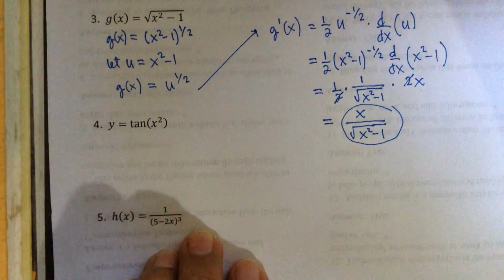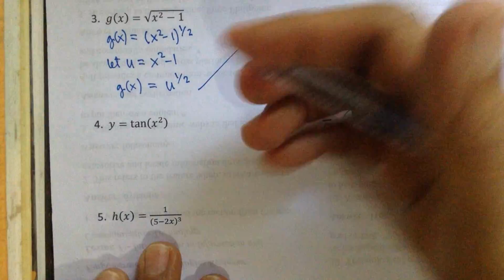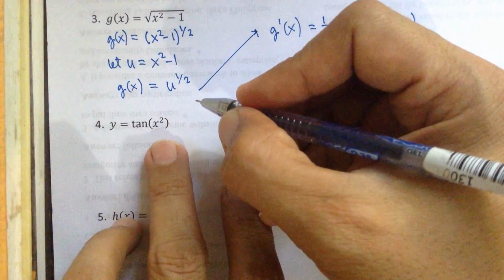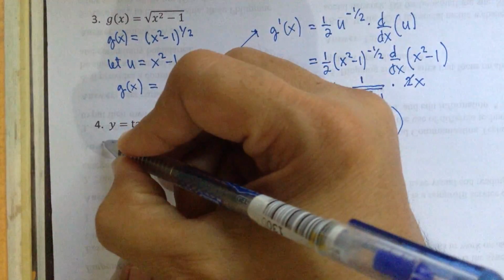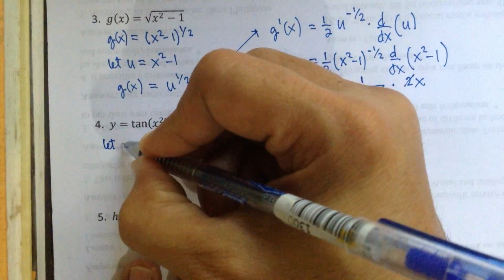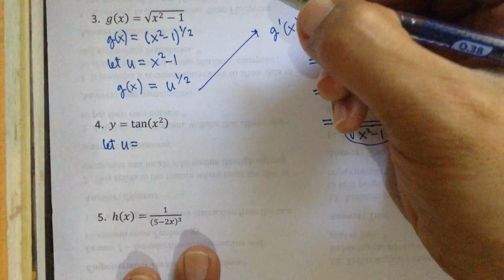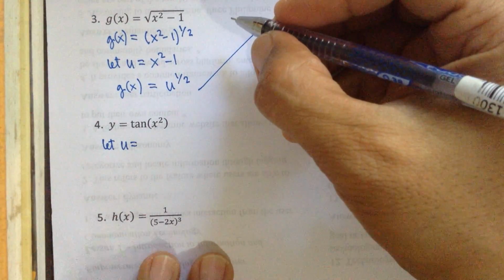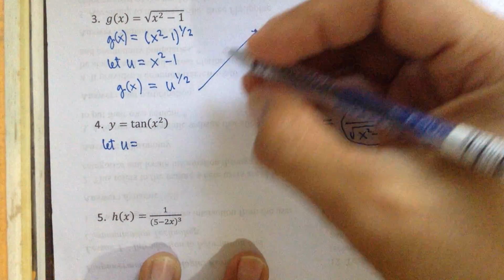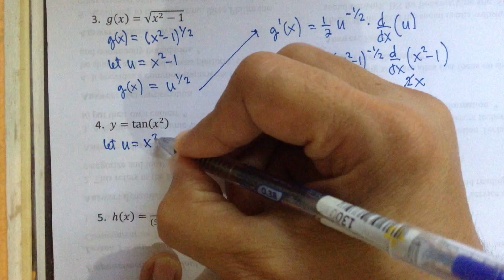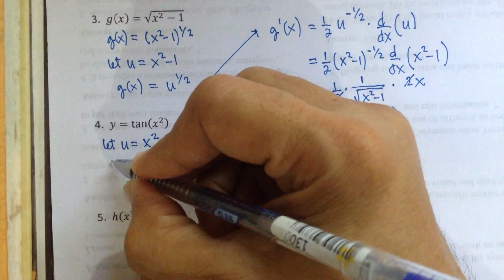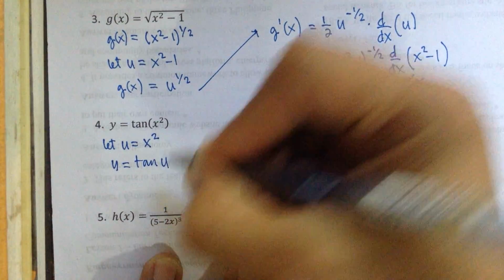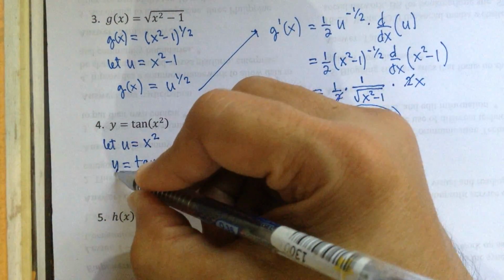Okay, let's proceed to our next example. This time we have the derivative of tangent x squared, but first we choose our u. What is our u? The u here is the argument, of course, of tangent, which is x squared. So that the function can be written as y equals tangent u, right?